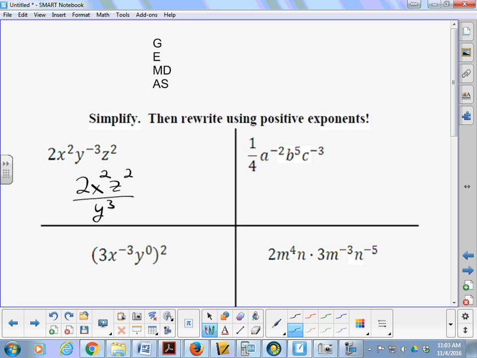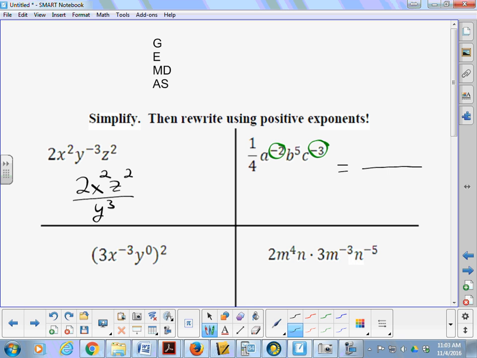Okay? Look at this next one. 1/4, a to the negative second, b to the fifth, c to the negative third. So anything that we see that has a negative exponent, we're going to move that whole piece to the denominator and change it to a positive exponent. All right? So in this case, we have 1/4, so we're going to go ahead and put our fraction bar here.